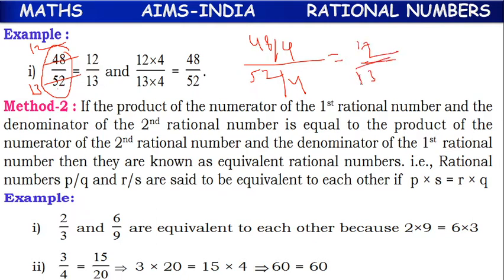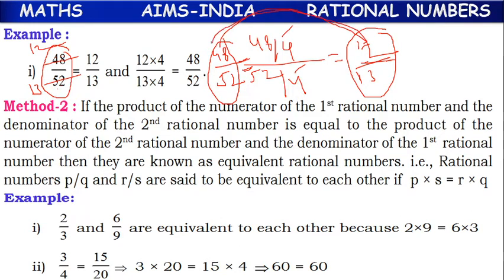But what is the given rational number? Given rational number is 48 by 52. As we are dividing with the same non-zero integer, we can tell that these two are equivalent. Which two? 48 by 52 and 12 by 13. These two are equivalent to each other.